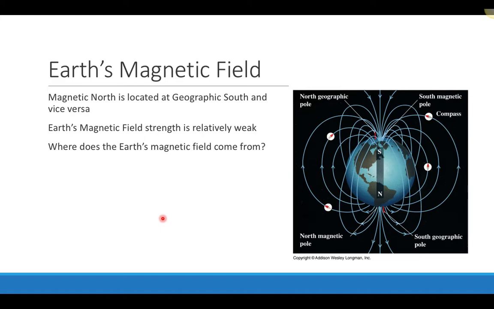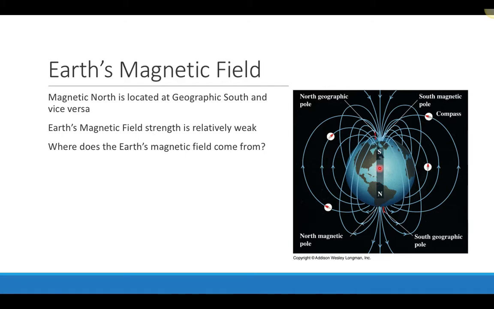Now, just some general comments about the Earth's magnetic field. The magnetic south pole of the Earth over here is actually not directly under geographic north. They're actually tilted slightly, and this is called the angle of declination.